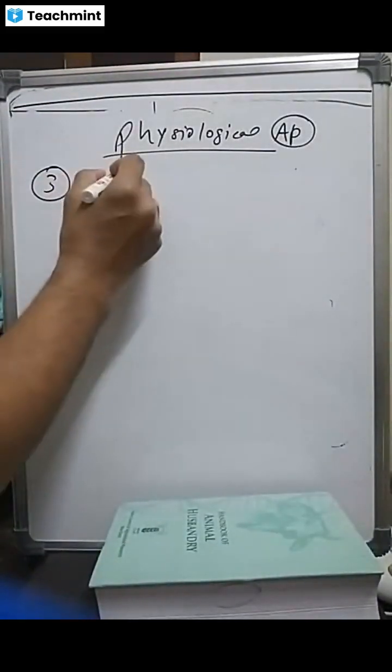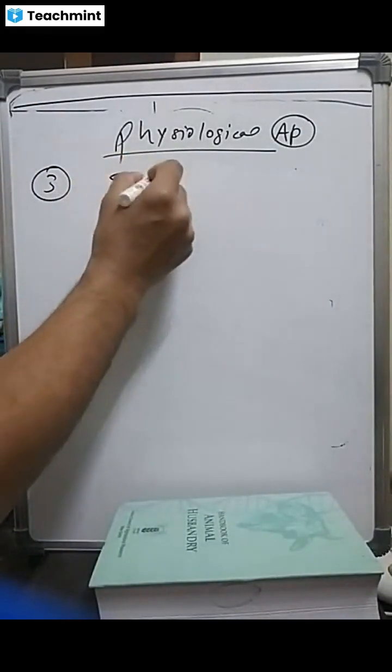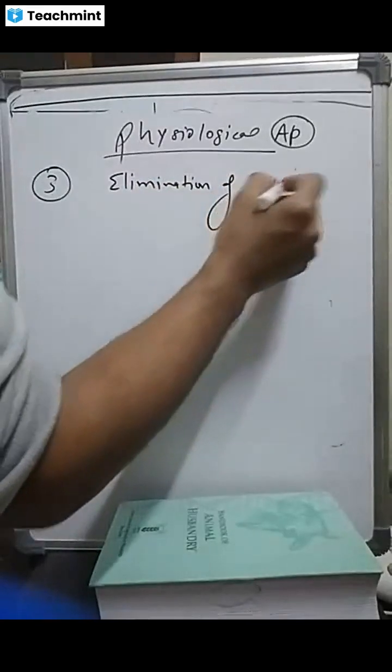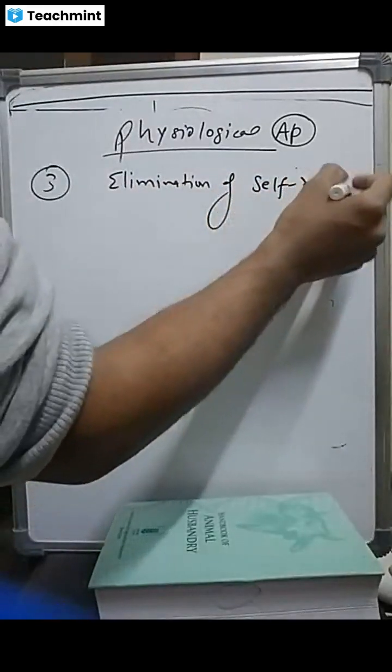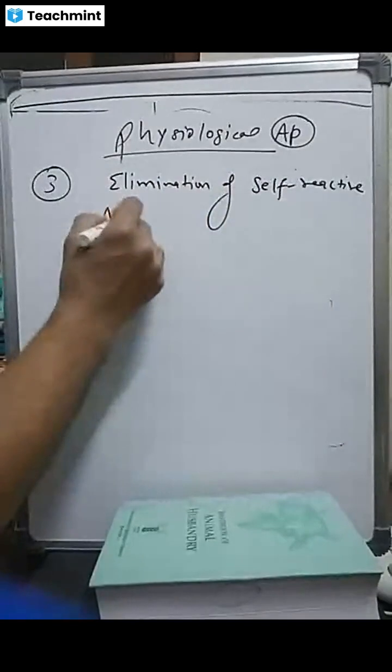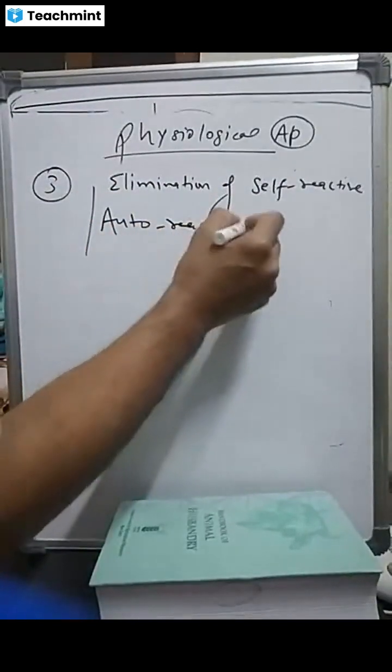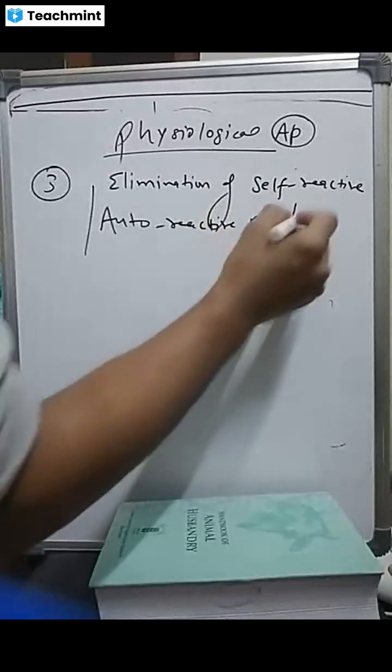Number 3 is the elimination or removal of self-reactive or autoreactive B cell or T cell.